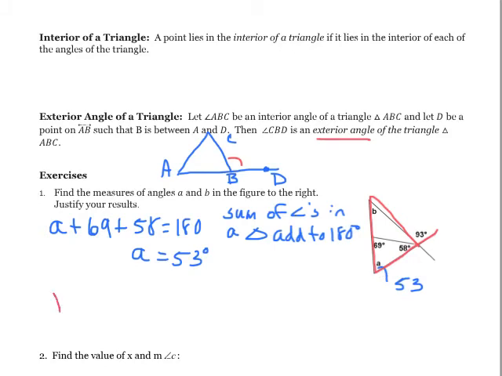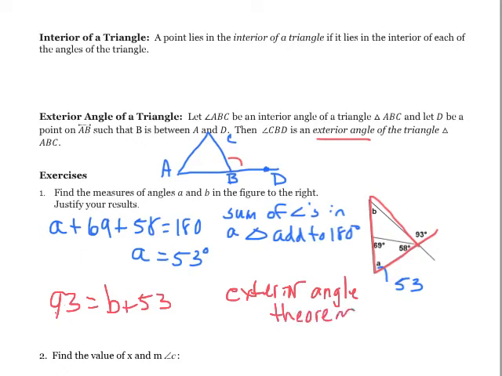So 93 is equal to B plus 53. That's the exterior angle theorem. And then you end up with B is 40.